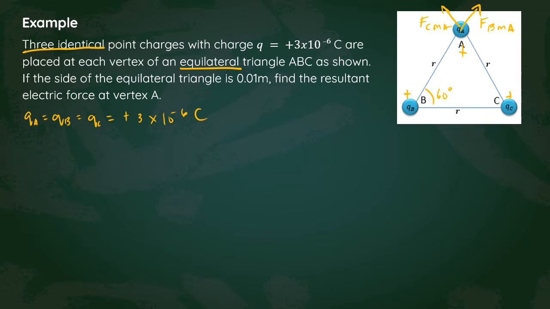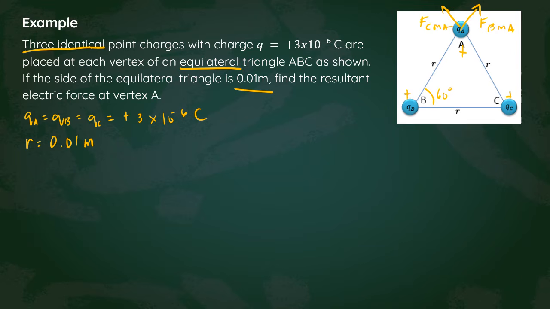So this side of 0.01 meter will be equal for both the distances between QB and QA and QC and QA. So R, in general, is 0.01 meters. It's the same for all of our particles.